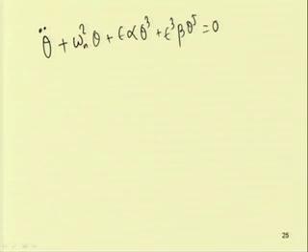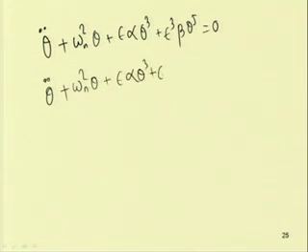If we use forcing in this system, we can write this equation in this form also: omega n square theta plus epsilon alpha theta cube plus epsilon cube beta theta to the power 5 equal to the forcing. I can take this forcing to be of the order of epsilon, so I can write this equal to epsilon f cos omega t.